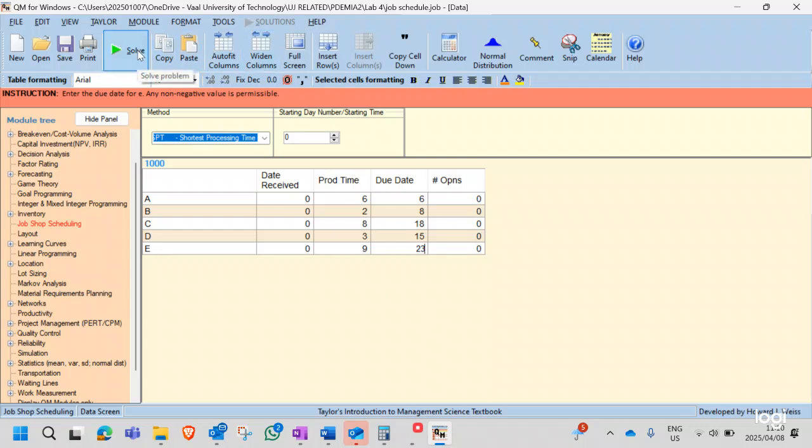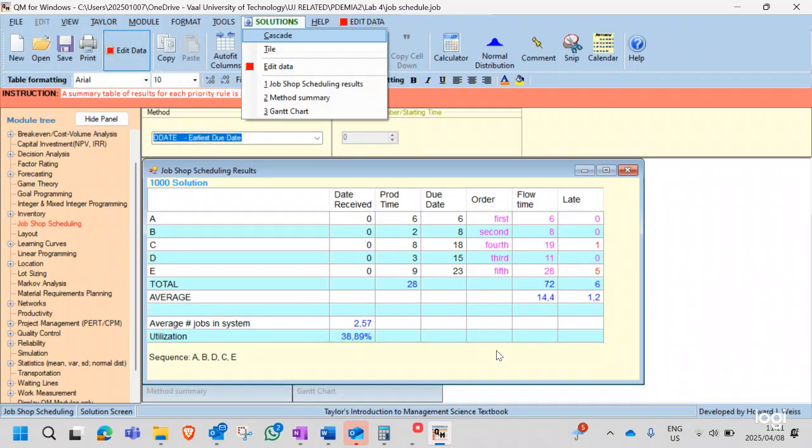Then we went through, we did what? Earliest due date, right? Earliest due date, solve. All right, let's start with the first one. The first one was the one at 6, right?